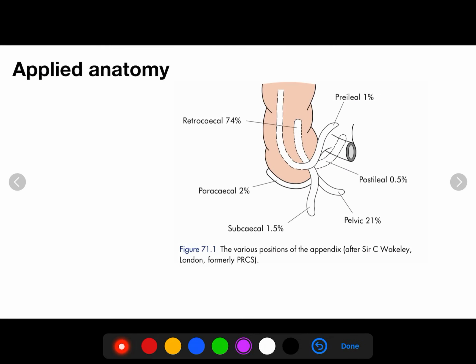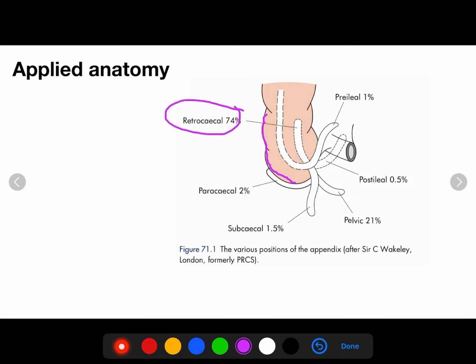Applied anatomy, you can see here, this is the cecum and these are the various positions of the appendix. The most common position of the appendix is the retrocecal اللي هو يكون 74%، تشوفوه خلف السيكم.